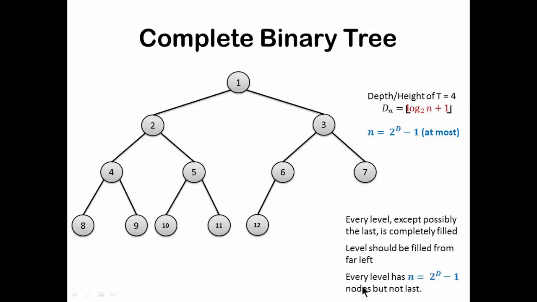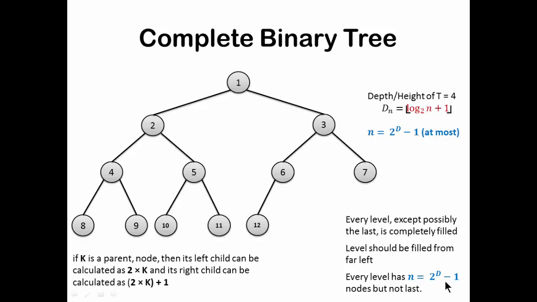But what is important is that at the previous levels, if we leave out the last level, then up to there it should follow n equal to 2 raised to the power d minus 1. One more observation you will take from the complete binary tree is that if this is at the first location in memory, then the left child will be at the second location, which is 2 times 1.